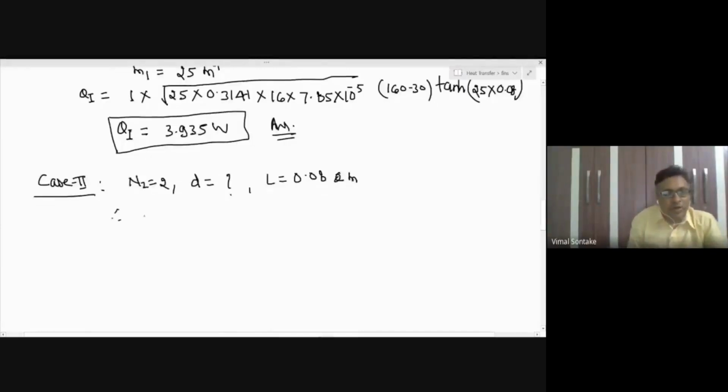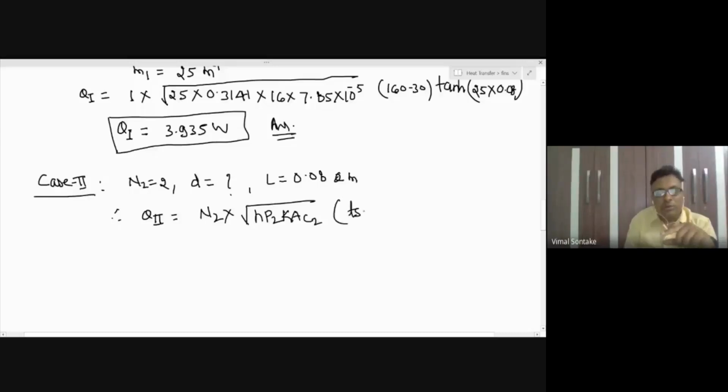So if I want to calculate Q2, it will be N2 into square root of h P2, because diameter is changing, so perimeter will change, k into Ac2, Ts minus T infinity, tanh of m2 L. m2 will also get changed in second case.